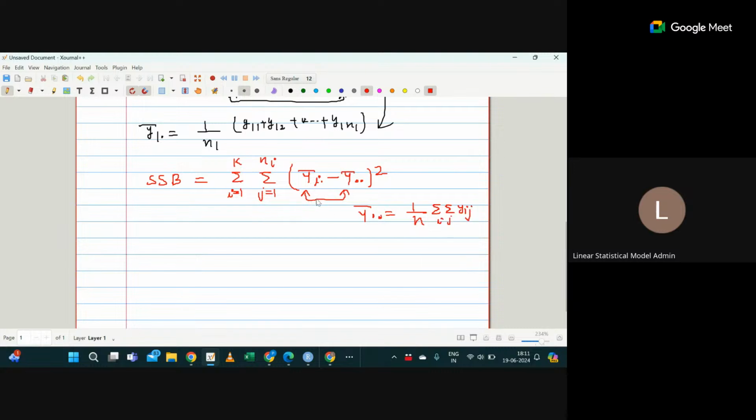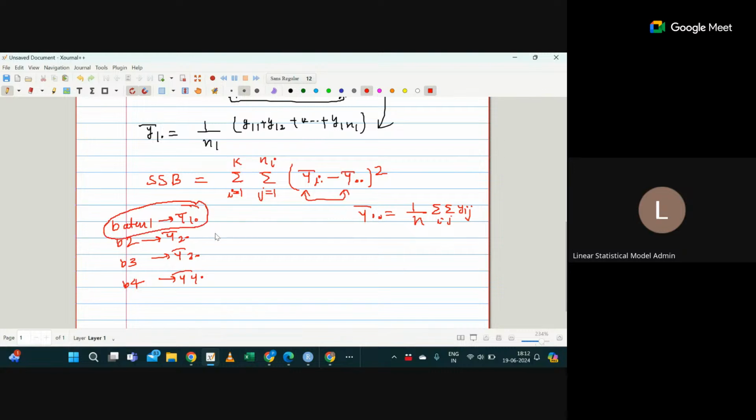Here we had 4 batches, right? Batch 1, batch 2, batch 3, batch 4. For batch 1, what was the average? Y bar 1 dot, y bar 2 dot, y bar 3 dot, y bar 4 dot. Y bar 1 dot is the value which is going to represent the whole of batch 1.